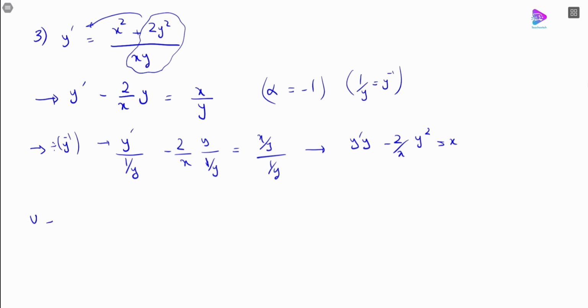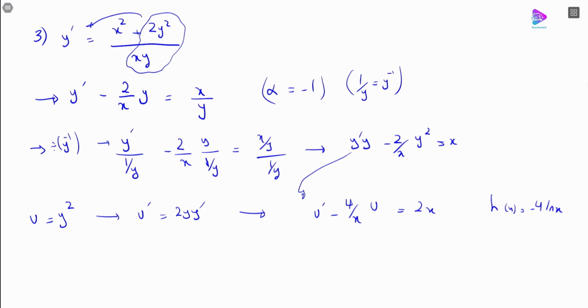Again, u would be y², and from here u' would be 2y y'. Therefore this equation changes to u' - (4/x) u = 2x. h(x) would be -4 ln x.